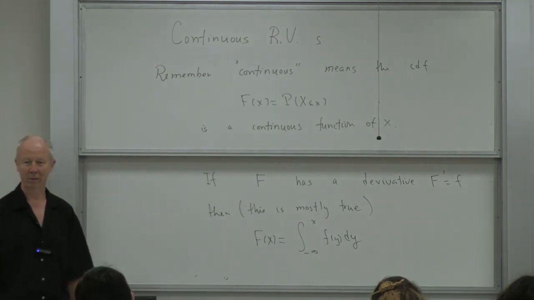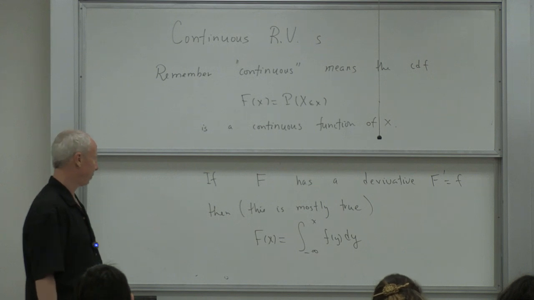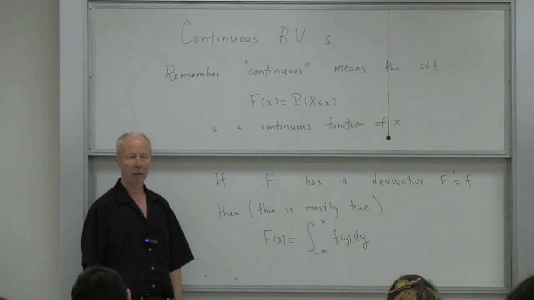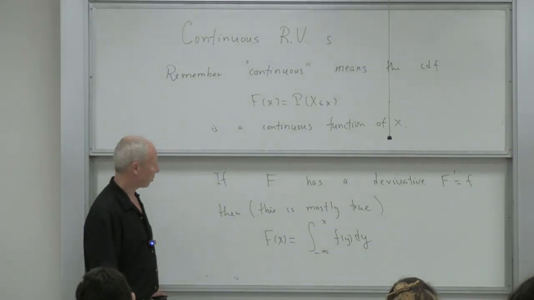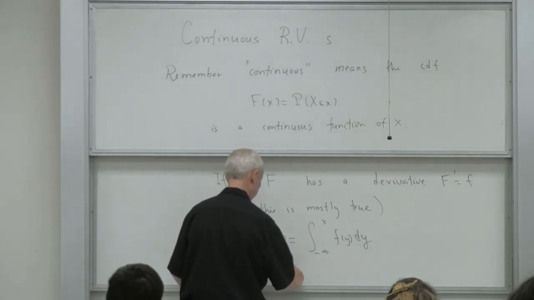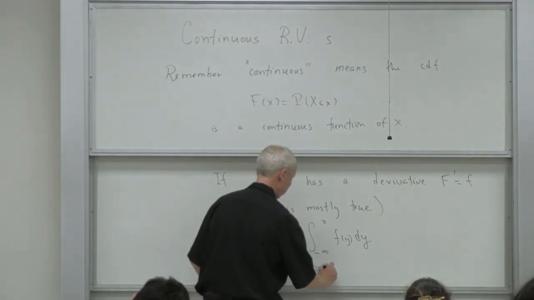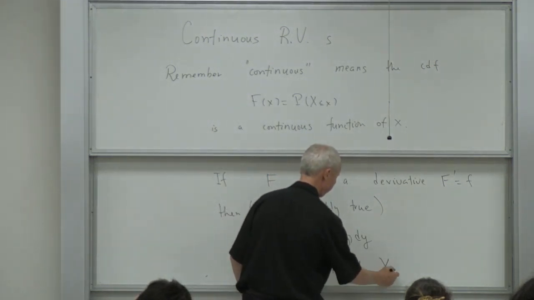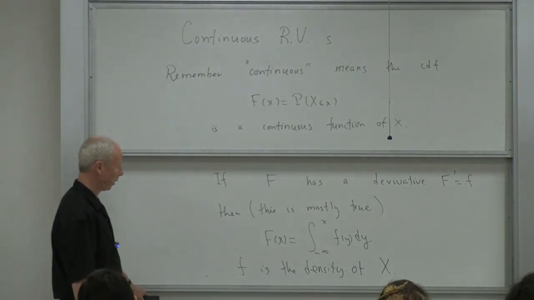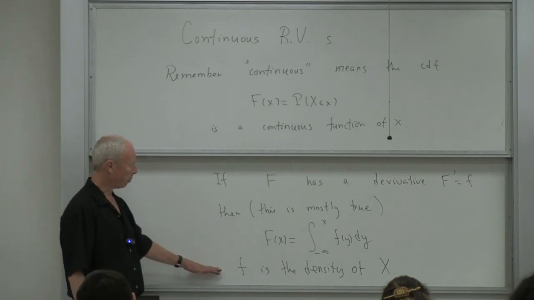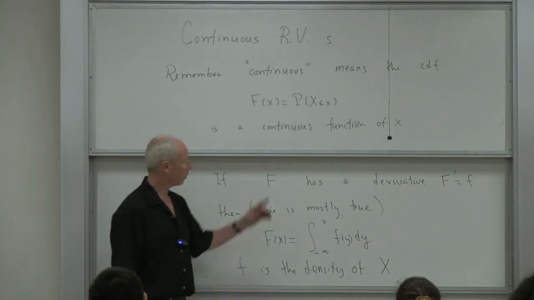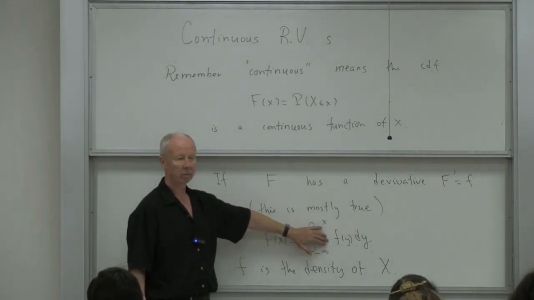There are some examples where this doesn't work. Capital F would be the integral of its derivative. And little f is called the density of capital F. Sometimes it's got the more fancy name, probability density function. And we usually identify random variables X by specifying the density.